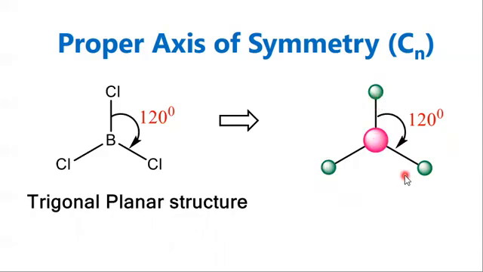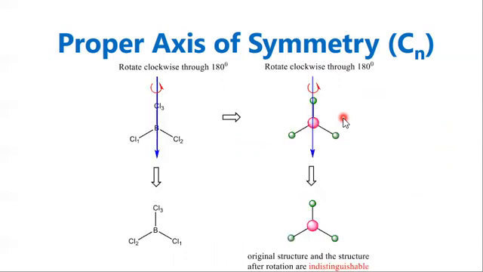We cannot distinguish the chlorine atoms among them. Now I am rotating this boron trichloride molecule through 180 degrees about an axis in the plane of the molecule. We can see Cl1 and Cl2 swap around and replace each other's orientation, but Cl3 stays in the same place.